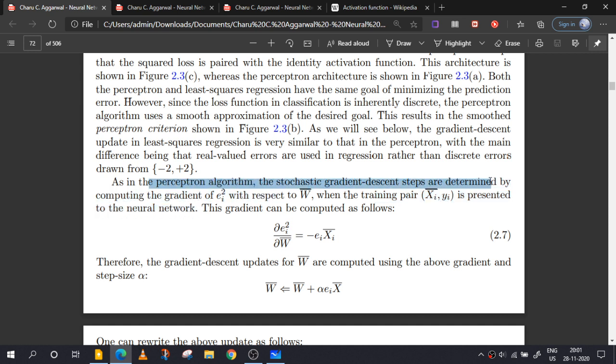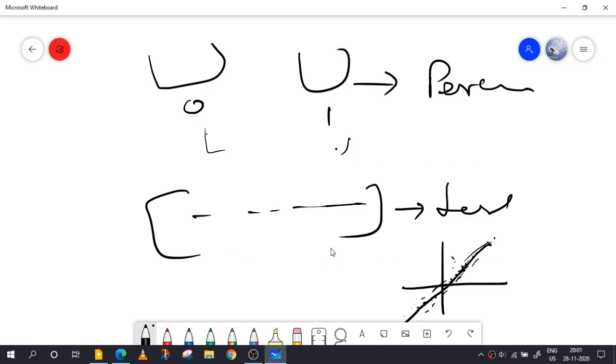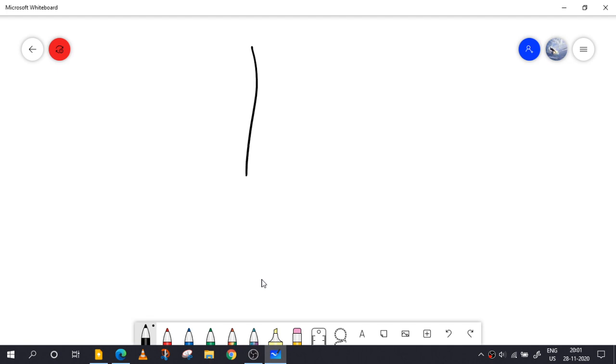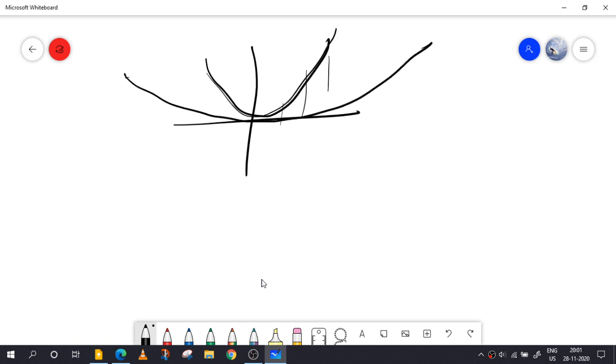Stochastic gradient descent. Okay, when the training pair is presented to the neural network, the gradient can be computed as follows. So it's trying to find the gradient descent. Gradient descent is basically, if you have the error, you have to get closer to the error. Let's say this is the true curve, but this is the curve that you got, and this is the error, which you calculated.